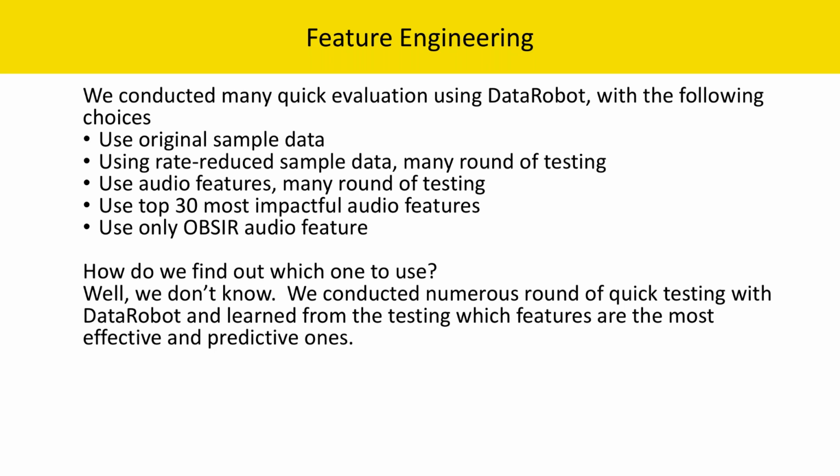Then we tested with the reduced sample data, a manual run of that. We tested with the audio features, which we'll cover in detail. We eventually came down to the top 30 most impactful audio features, and again we did a further drill down. We ended up using only one audio feature called OBSLR. So which one to use? This is actually the experience we want to share. Yeah, go ahead.